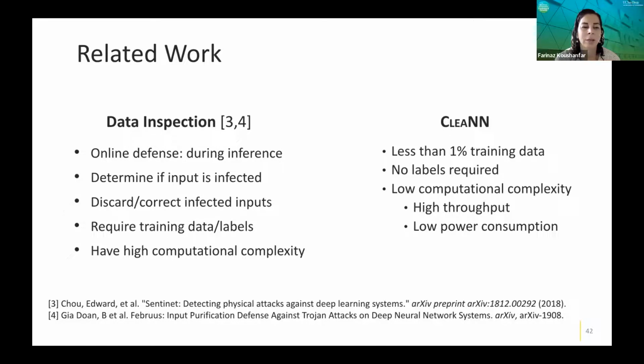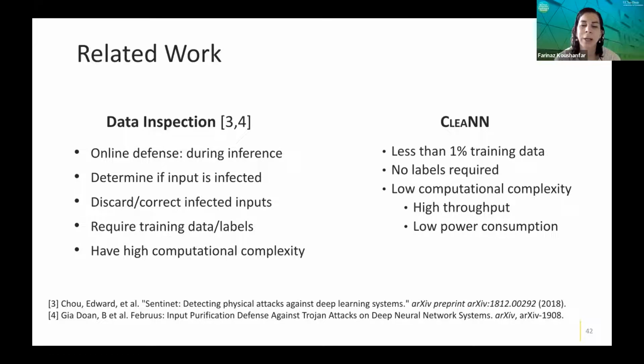The data inspection models are an online defense during inference, determining if the input is infected. They discard the infected inputs, and they require the training data and labels for the correct samples, and they can incur a high computational complexity. In CLEAN, we use less than 1% of the clean training data.